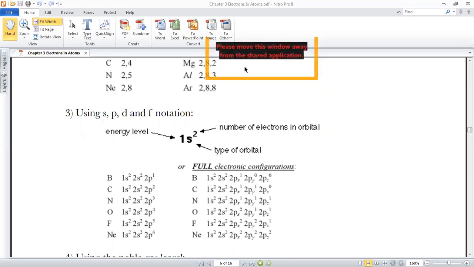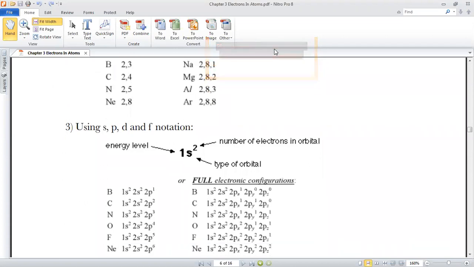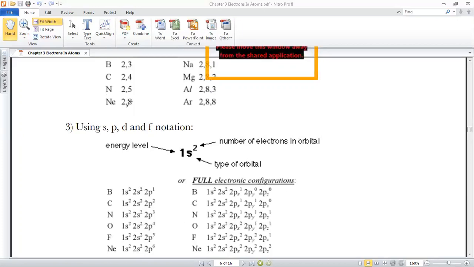So that's why you see neon has 2p6, and in neon there are a total of 8 electrons in the second principal quantum number. You did the same in O levels, and we revised that in A levels as well. If you write neon in the old method, it has 2, 8 electronic configuration.